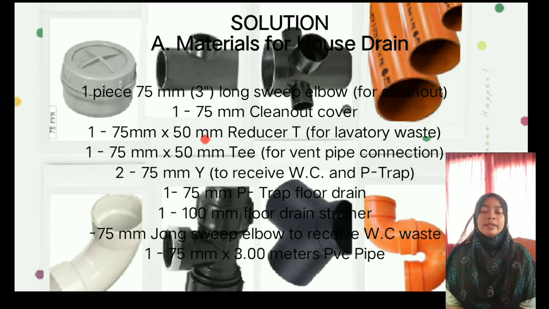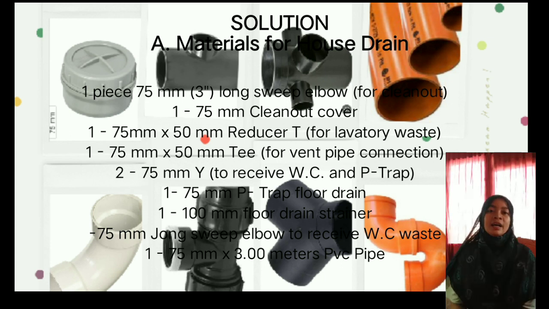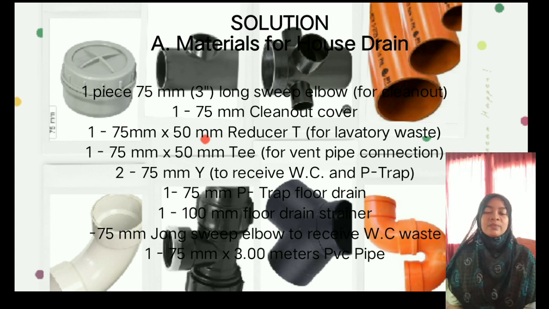In A, materials for house drain. We need one piece of 75 mm, 3 meters long, sweep elbow for clean out. Second, one 75 mm clean out cover. Third is the 75 mm by 50 mm reducer T for lavatory waste.